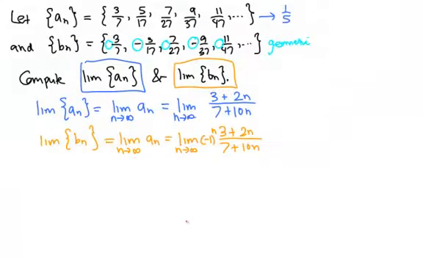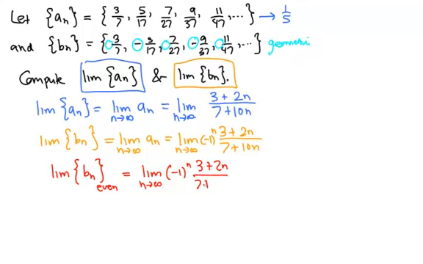Well, we could try to do the even and the odd trick. If we looked at the even terms, the limit of the sequence bn where we only focus on the even terms, that's going to be the limit as n goes to infinity of, well, let's see, every single term looks like -1 to the n, 3 plus 2n over 7 plus 10n. But when n is even, this term simply vanishes.